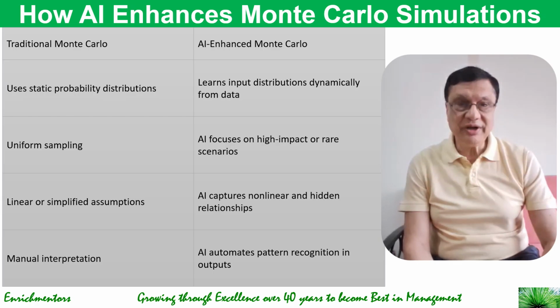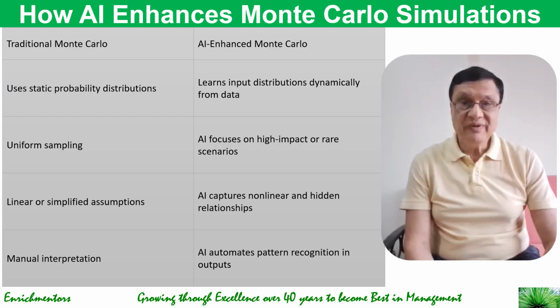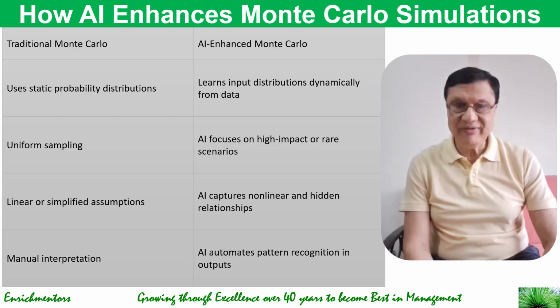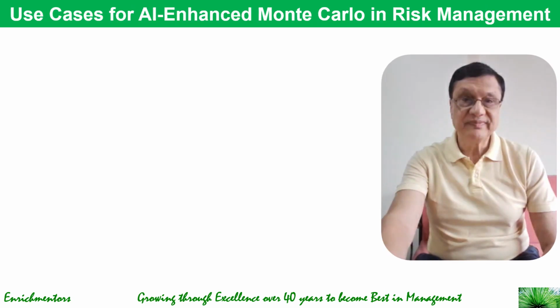Then in traditional Monte Carlo simulations, interpretation is done manually, whereas in AI enhanced one, the AI does that automatically in terms of pattern recognition in the outputs. So that's how AI enhances the Monte Carlo simulations.